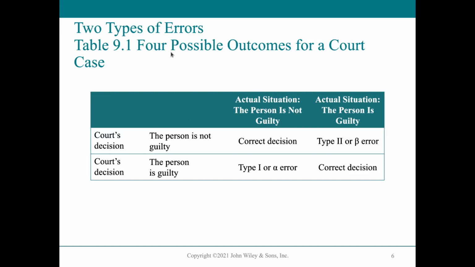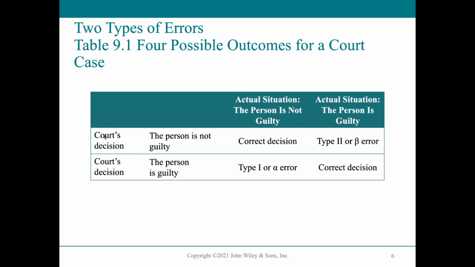There are four possible outcomes for a court case. It's not limited to whether you're guilty or not guilty. There are actually four, based on the court's decision and the actual truth. Of course, sometimes court decisions, as a human establishment, can also commit errors.